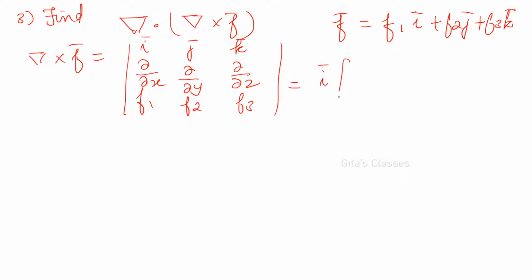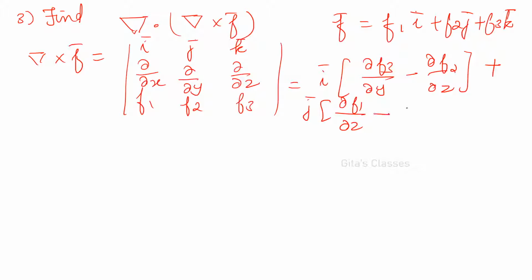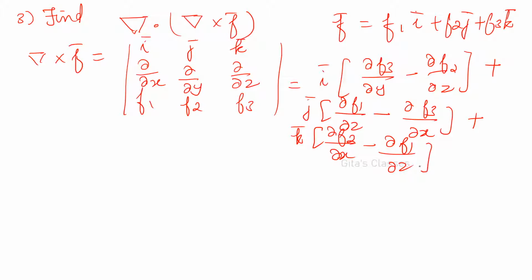So i into dou f3 by dou y minus dou f2 by dou z, right? Minus or plus j into, I am taking in the other direction, so dou f1 by dou z minus dou f3 by dou x. That's why I am taking plus here. Okay. So k into dou f2 by dou x minus dou f1 by dou y, right?